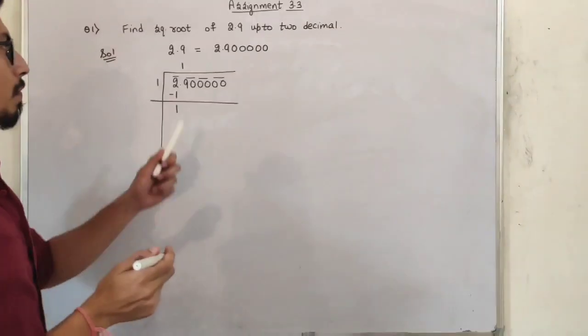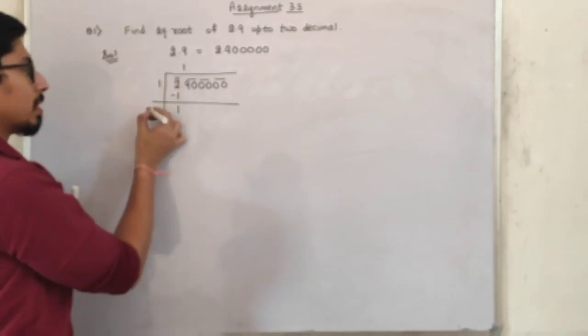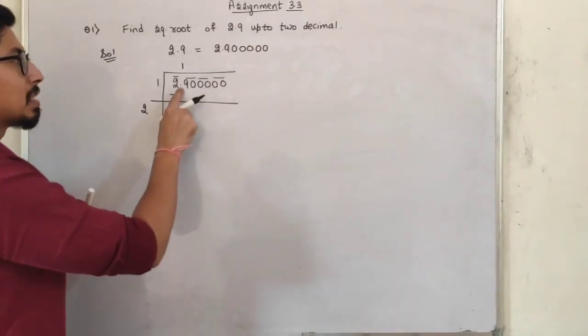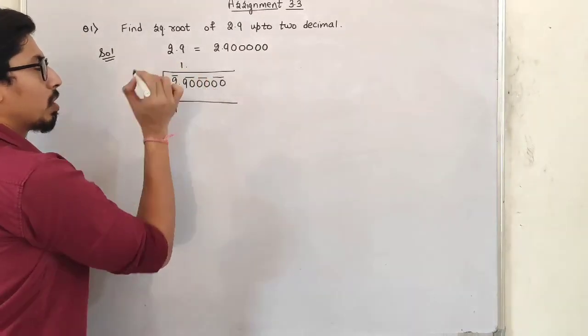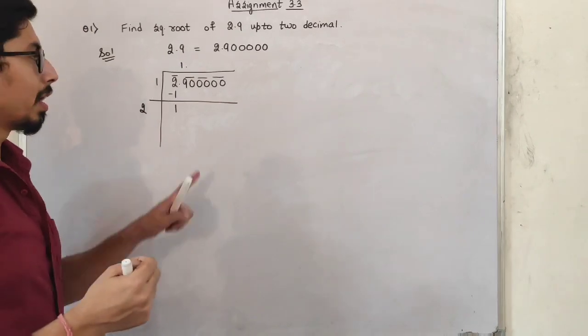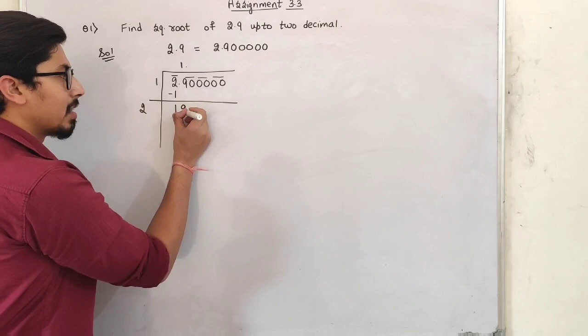Now we take this 1 and double it, so it will be 2. Now we have a decimal here, so we put the decimal. Now we take another bar; the next bar is 90, so we write 90 here.